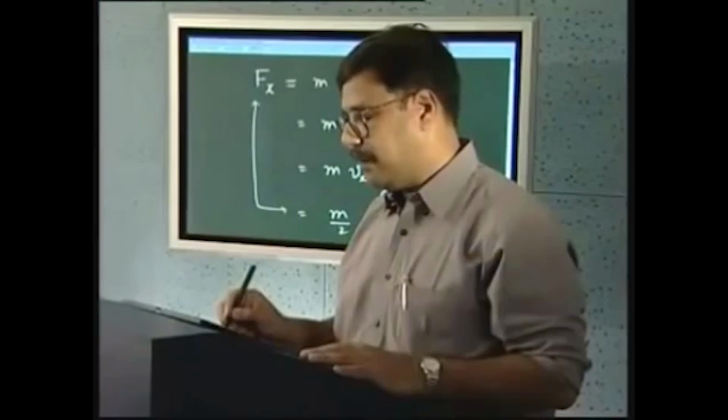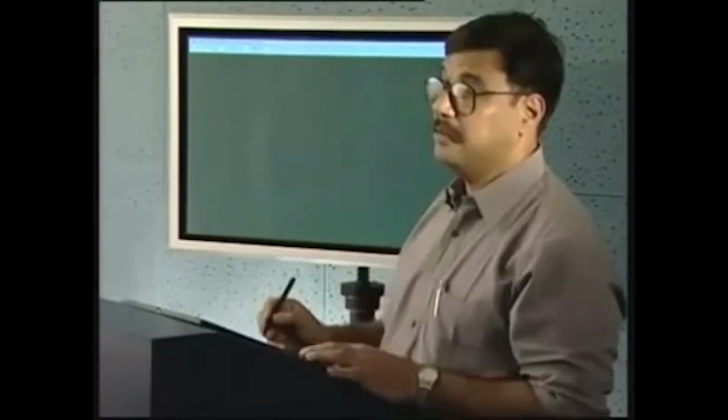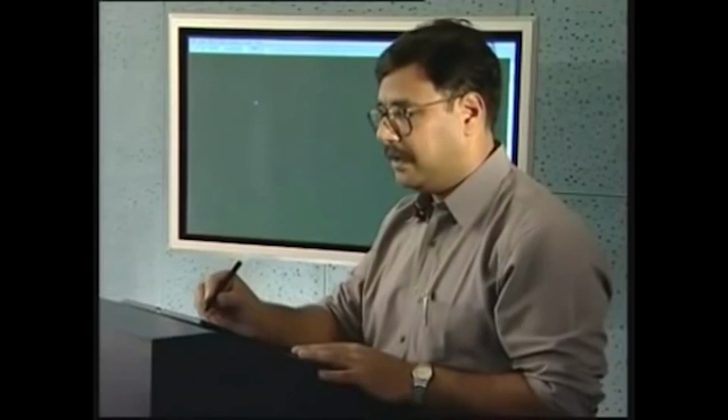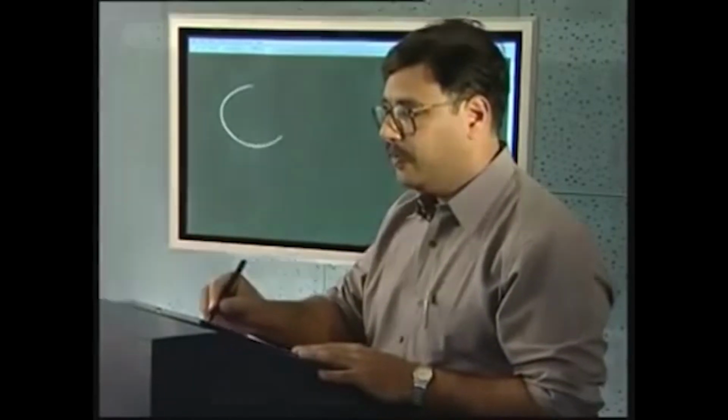Let me go back to the example of gravitational field, since I mentioned that earlier. Suppose I want to know the velocity of a particle in gravitational field. If the particle is moving in the radial direction, then the force, which is in the radial direction itself, is minus G m over r square, or it should be d2r by dt square, because I am talking about the acceleration and the mass.